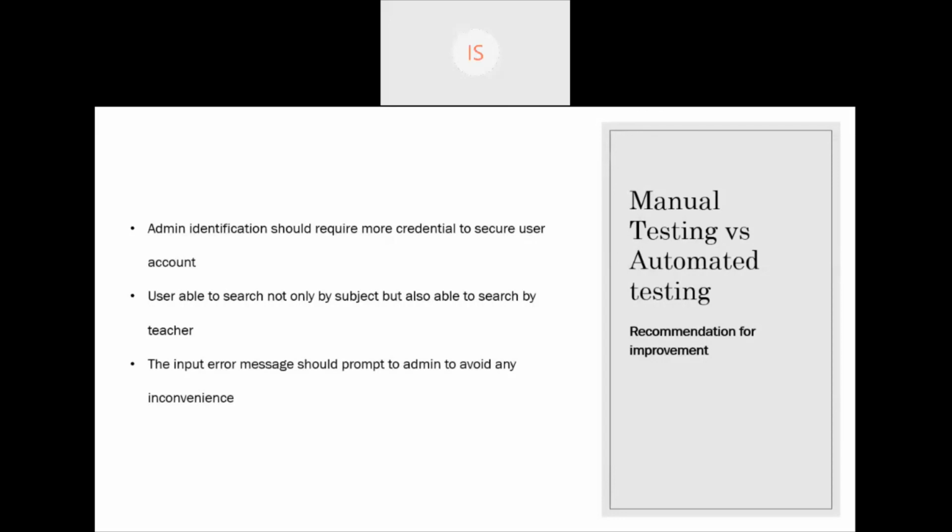And then the second is that users must be able to search not only by subject, but also by their teacher. And the third is that the system should prompt the admin with an input error message to avoid any inconvenience.